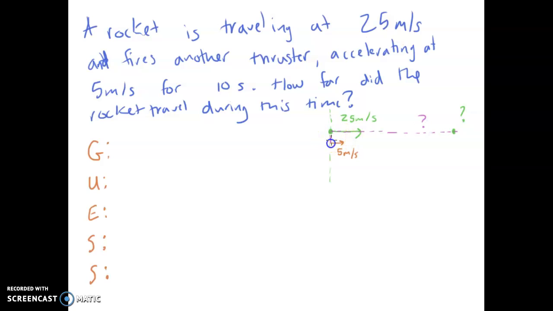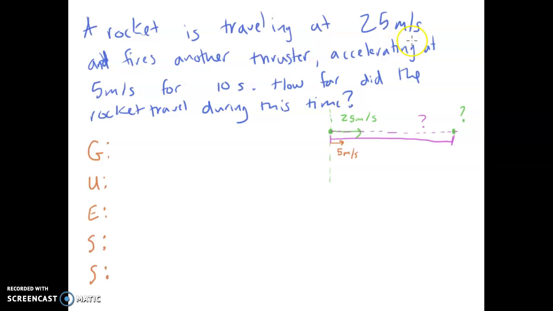What is this distance here? Or displacement, really. In this case, distance and displacement are the same since it moved only in a straight line and only in one direction. So this picture can be helpful. As the questions get more complicated, pictures become more and more helpful.